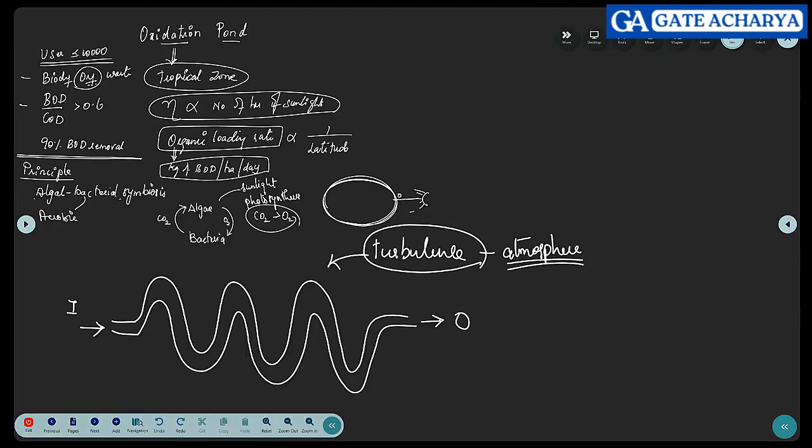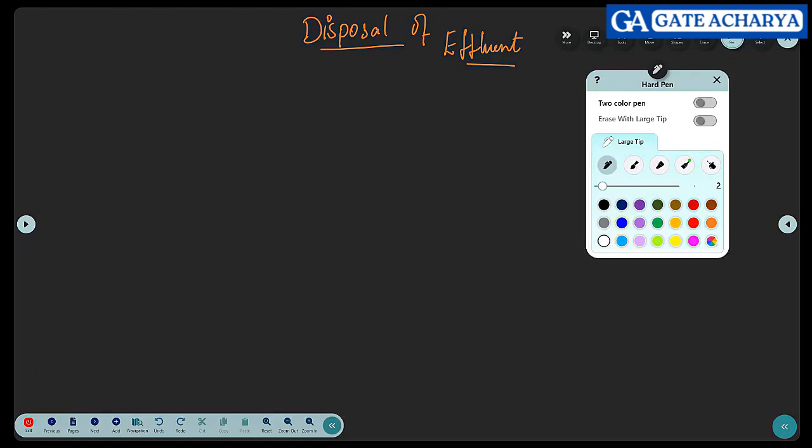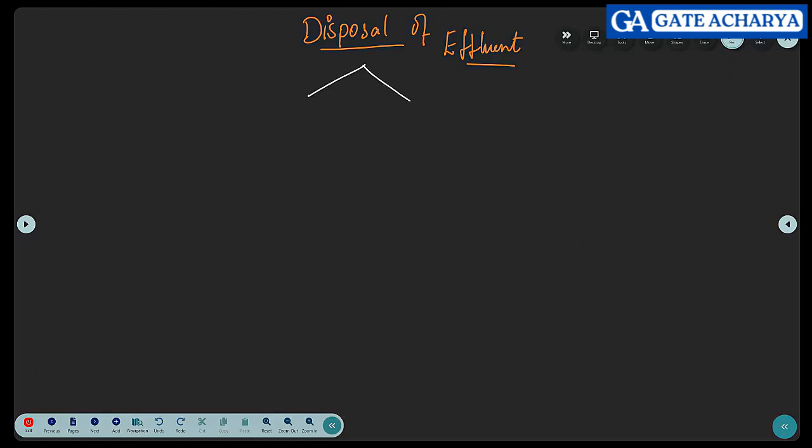Take down, Kana. So, how to dispose of effluent, Kana? How to dispose of effluent? There are two methods, Anna. One is disposal by means of dilution into a fresh water body. The other is land disposal.